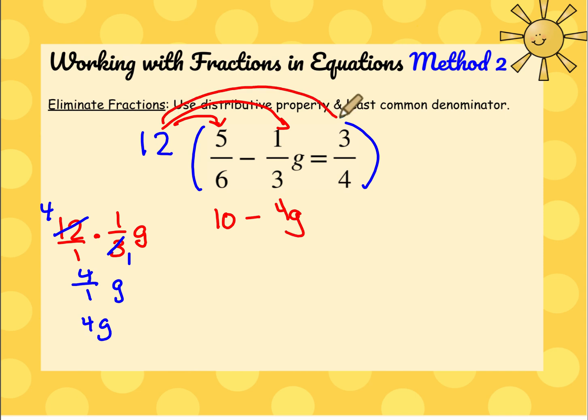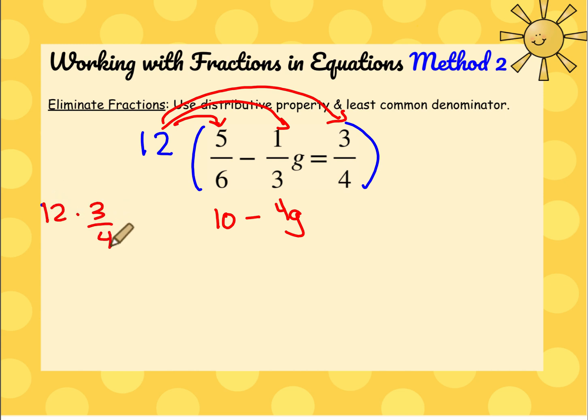So now I can't forget to distribute to the term that's on the other side of the equal sign, 3/4. So when I do that, I get 12 times 3 over 4. And remember, 12 is 12 over 1.